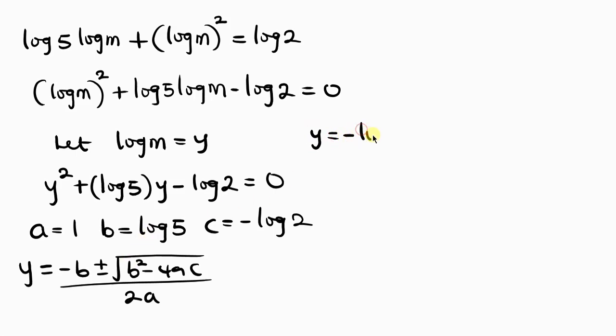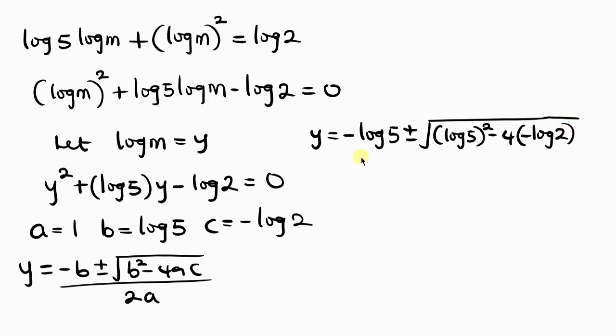B is log 5, plus or minus the square root of b squared, that's (log 5) squared, minus 4ac, 4 times a times c. 4 times a is 1, so 4 times 1 is 4, times c is negative log 2. So we have 4 times negative log 2, all over 2, because this means 2 times 1, a is 1, so that is 2.